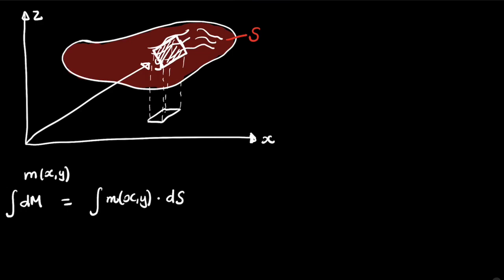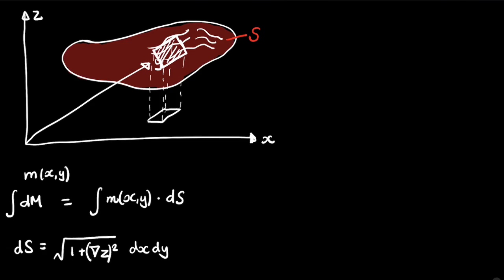Now, I'm not going to show this because it's quite a complicated derivation, but to get ds in terms of dx and dy for any general surface, ds is equal to the square root of 1 plus grad of z all squared, times dx dy.